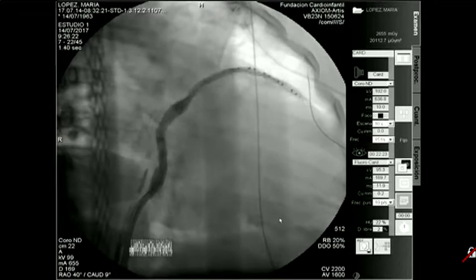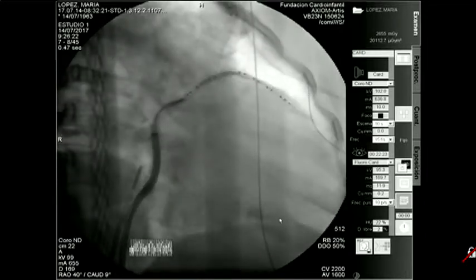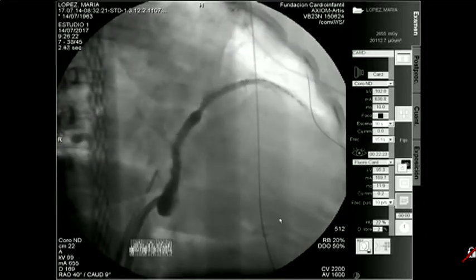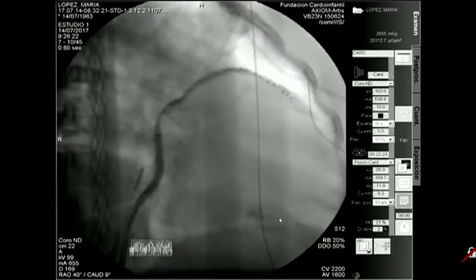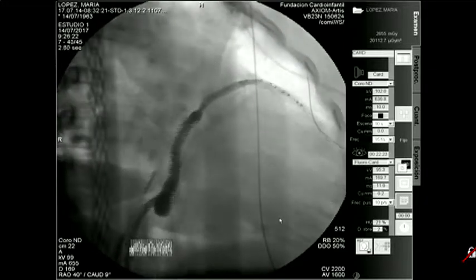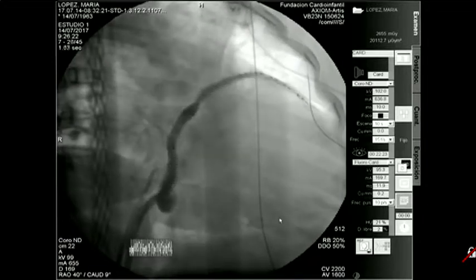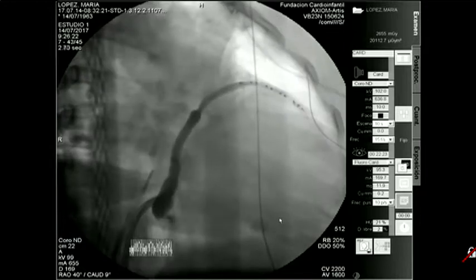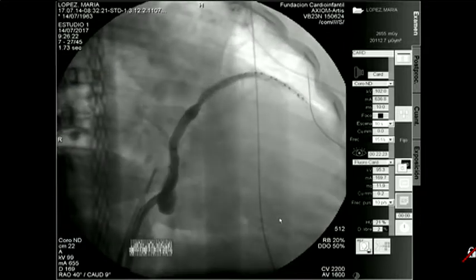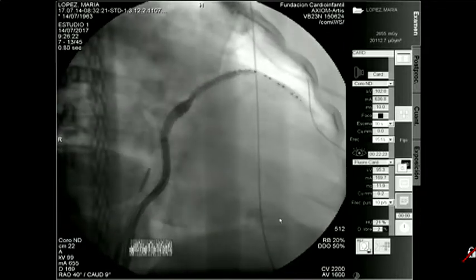This is a 3 French catheter. As you can see, it has a guide on the tip in order to avoid perforations. We are using the duodecapolar to try to span all the vein space.